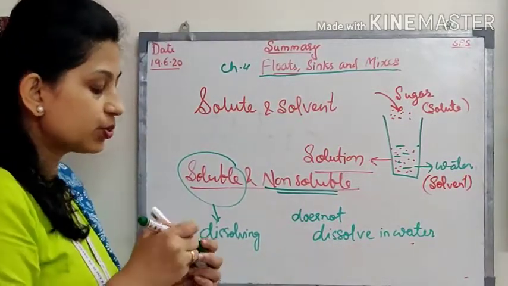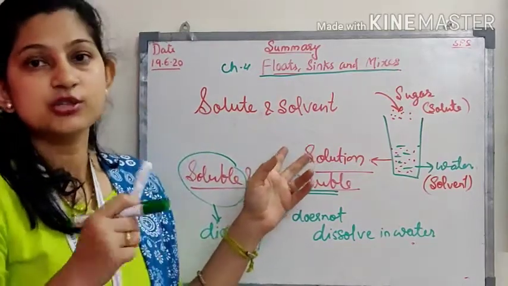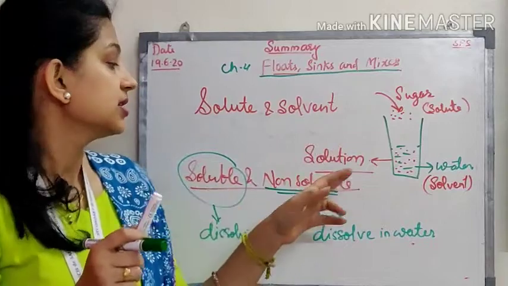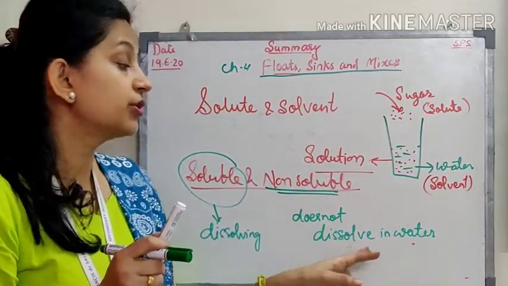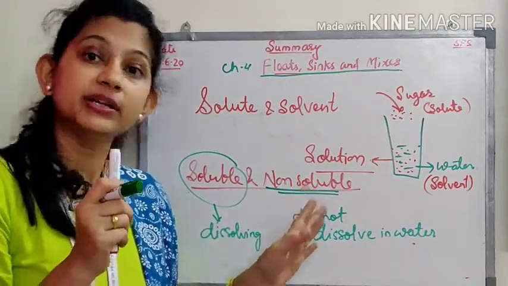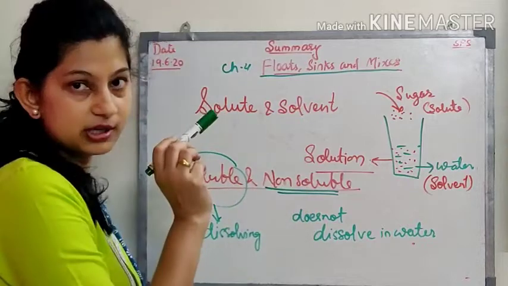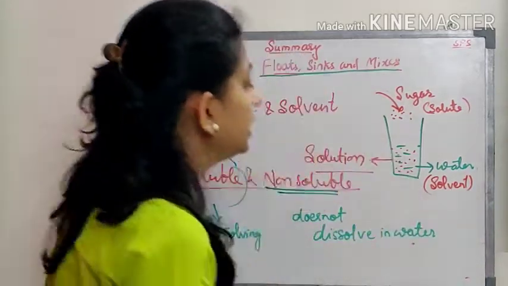Here we are talking about water. For example, oil is not soluble in water. Plastic is not soluble in water. So here come two new terms, soluble and non-soluble. Till here it is okay.